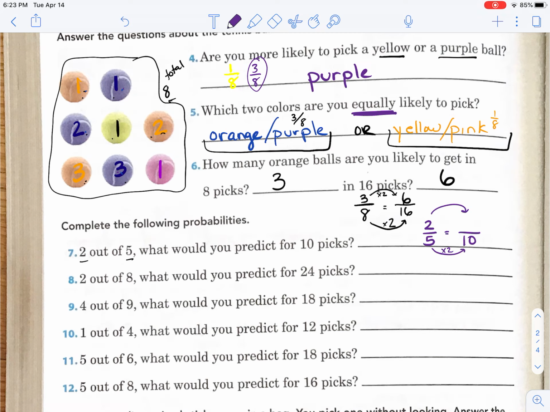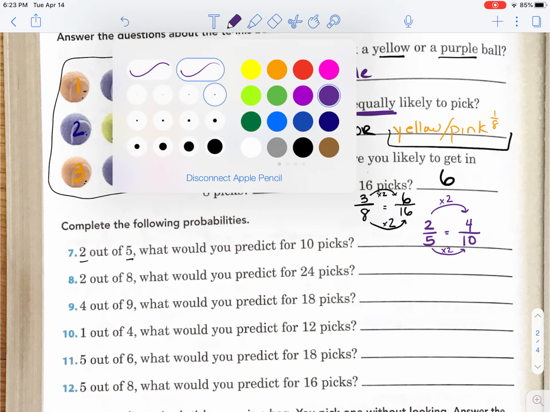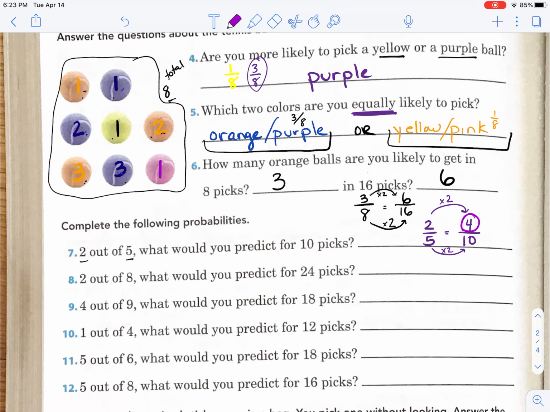What I do to the bottom, I also do to the top. 2 times 2 is 4. My answer is what? 4. So if I pick 10 times, I would expect, if the probability is 2 out of 5, to get 4. I'm just going to leave the work here and circle my answer.